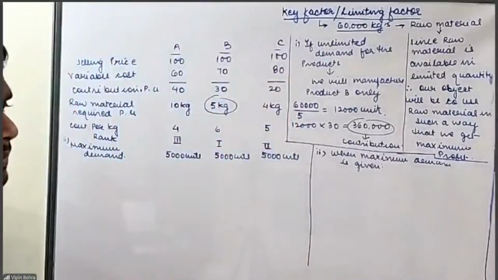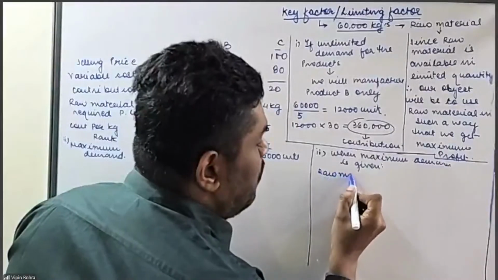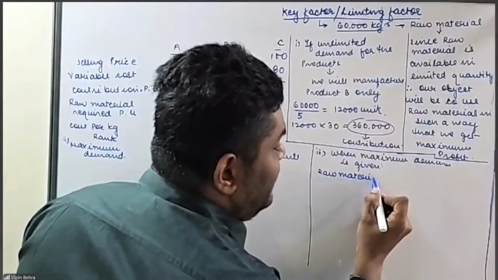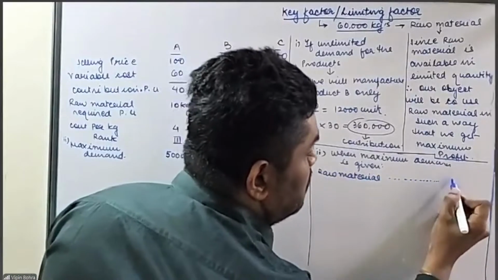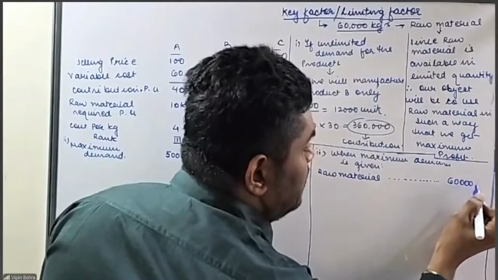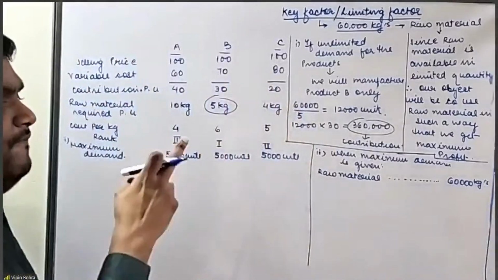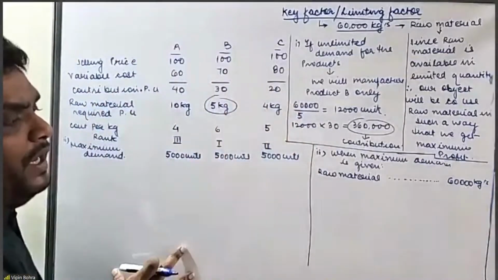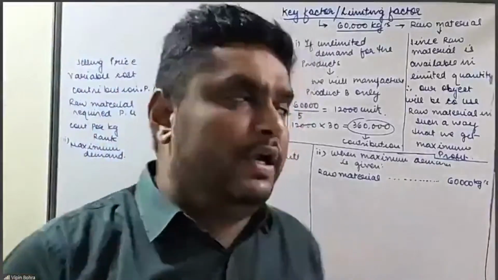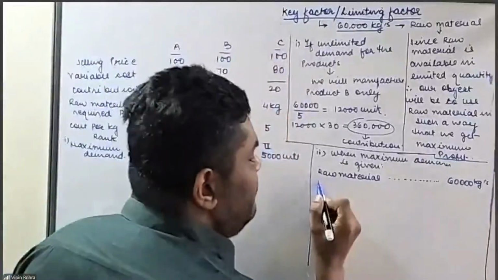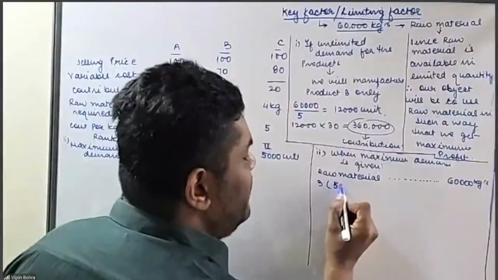So now when maximum demand is given, the raw material we have is how much? 60,000 kgs. Since first priority is given to product B, we will manufacture B first. How many units? Full 5,000 units.